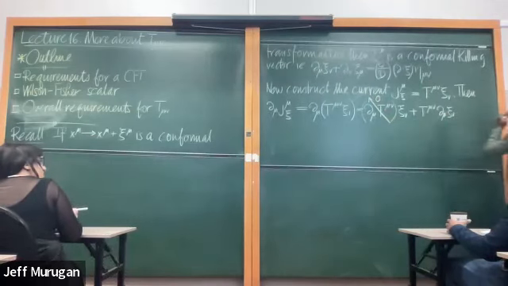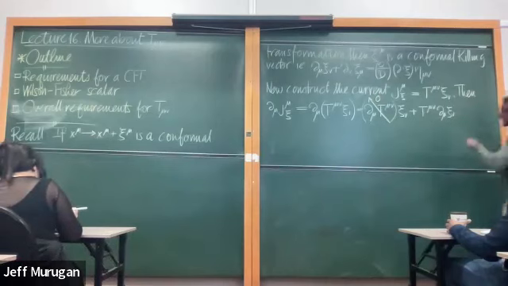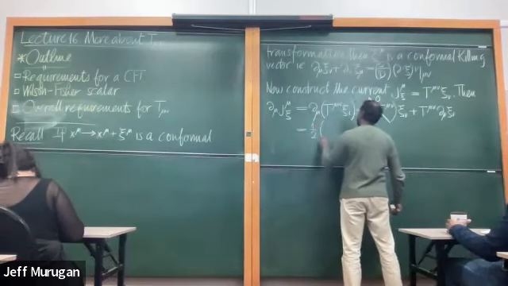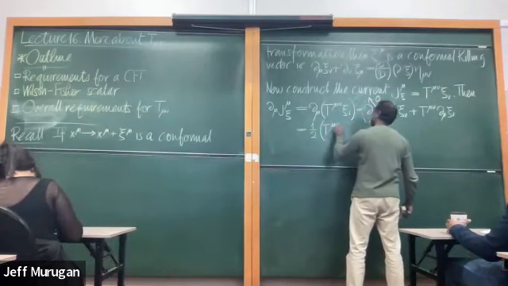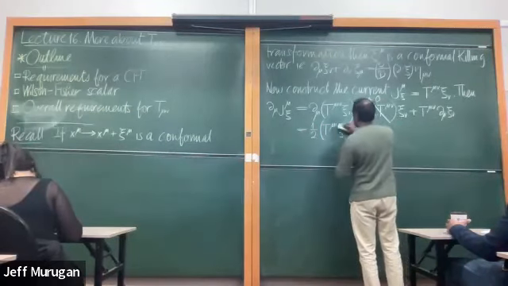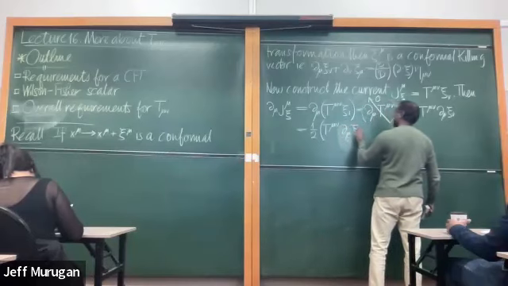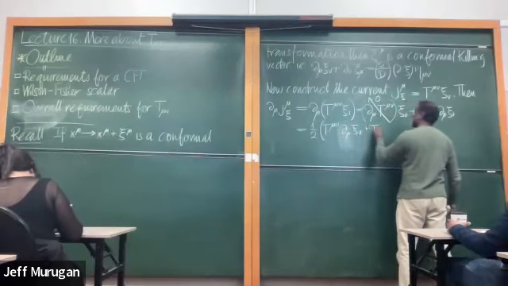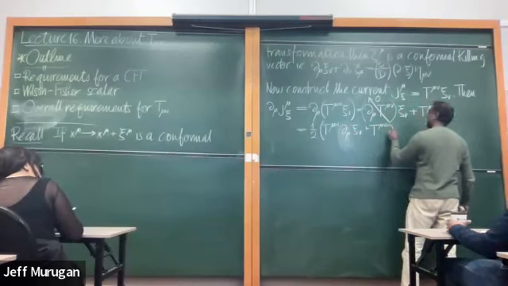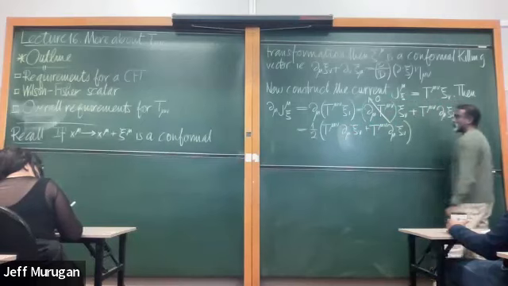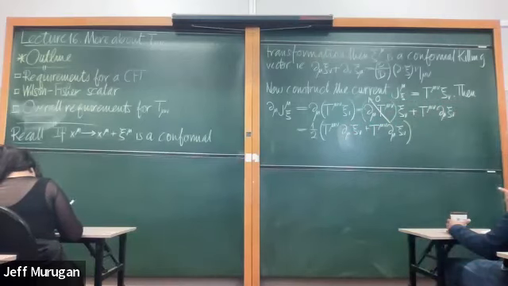And for the second term, I'm going to add two copies of it, so I divide by two: T^μν ∂_μ ψ_ν plus T^νμ ∂_ν ψ_μ.